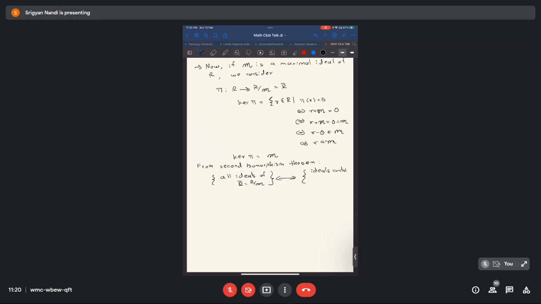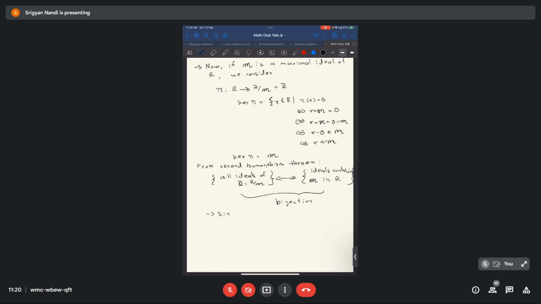So this should be a bijection. But M is a maximal ideal by assumption. We assumed in the beginning that M is a maximal ideal.